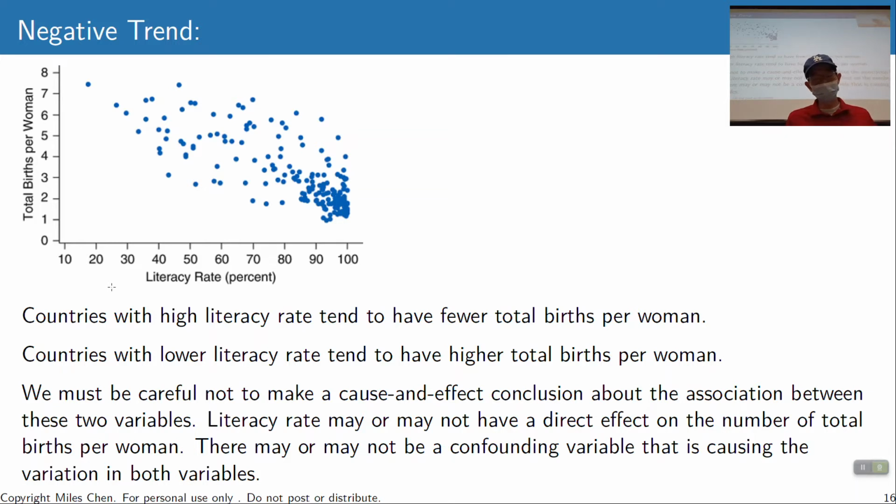This is an example of a negative trend. Negative trend is large X is associated with smaller Y. Small x is associated with larger y, okay? And so this data set was looking at different countries. I think looking also at across different ranges of time as well.